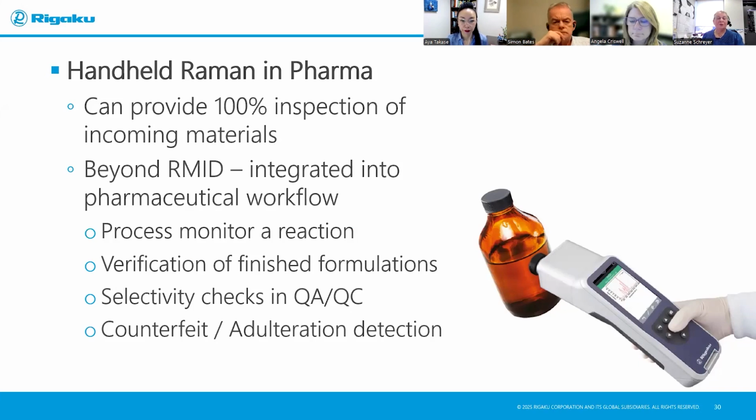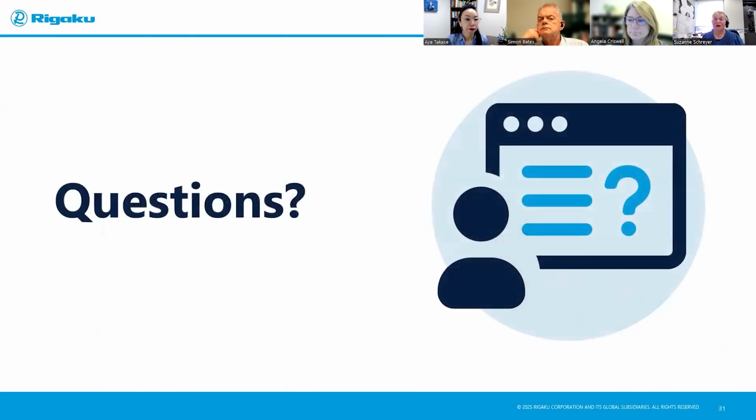Okay? So hopefully we showed you how well it can fit into your workflow aside from just raw material ID. And I want to thank you for your attention. And if you have any questions, I'd be happy to answer them.